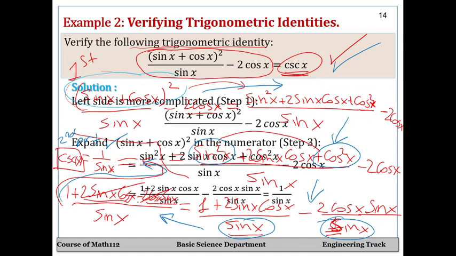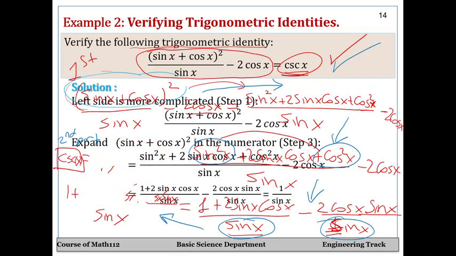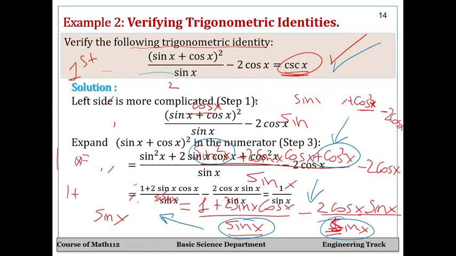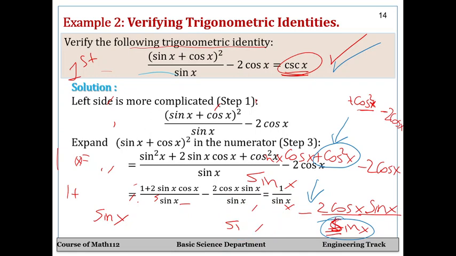Now you can also see the steps here. I think it's at least more clear than mine.